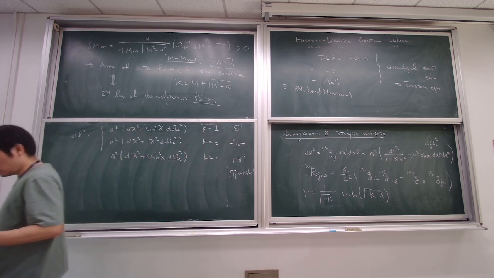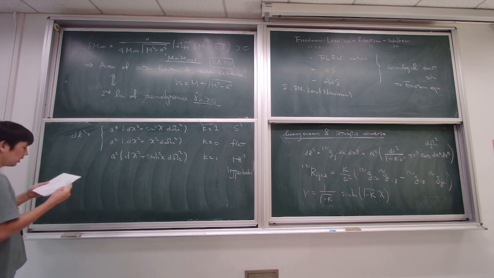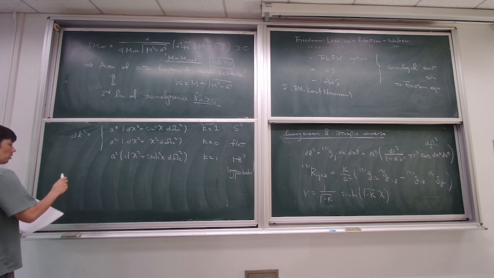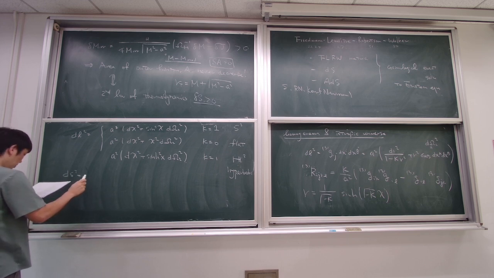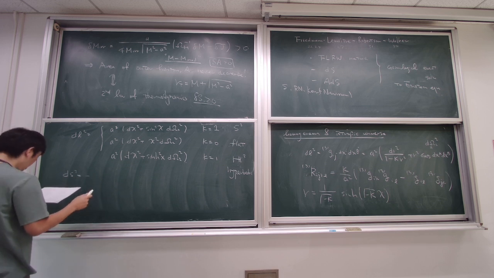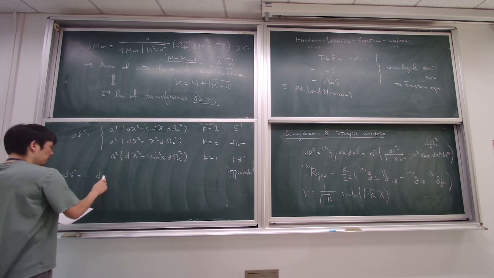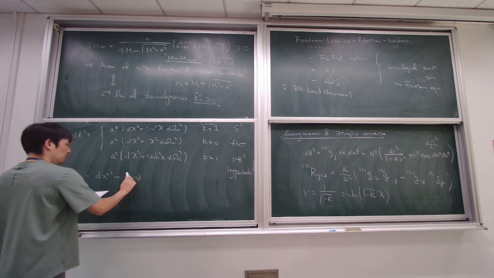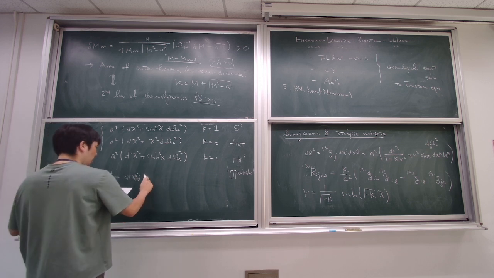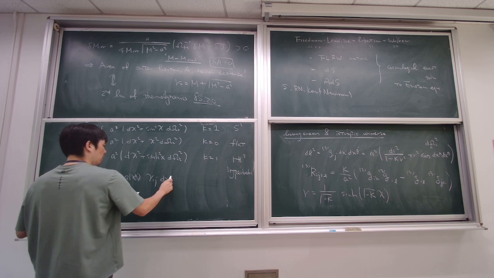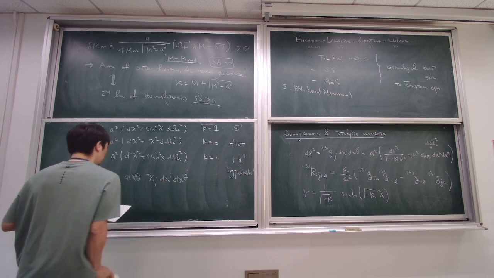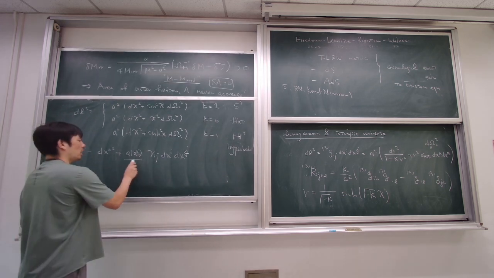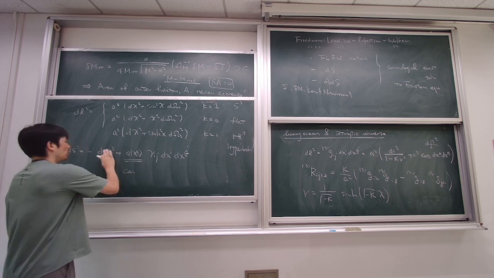So that's the case. And so what we are considering is that the total metric is something like this: minus dx0 squared plus a(t) squared times gamma_ij dx^i dx^j. So that's our assumption. Here this guy can depend on time t.